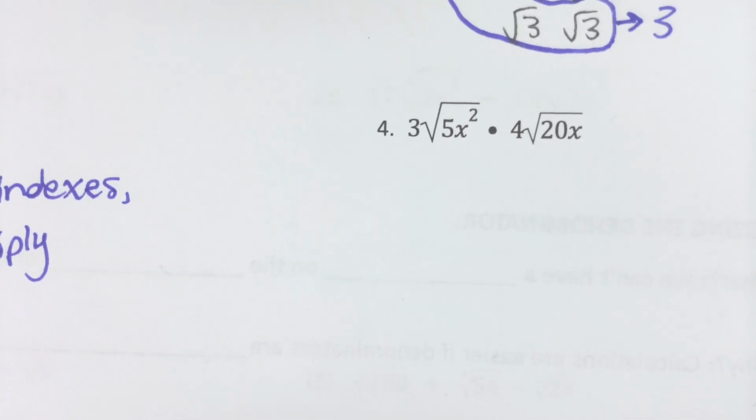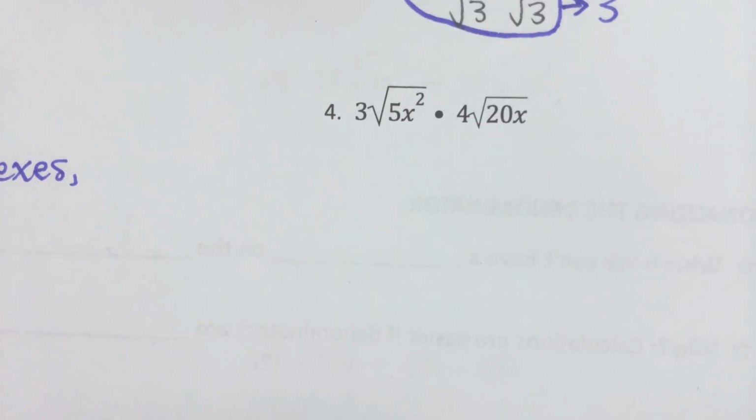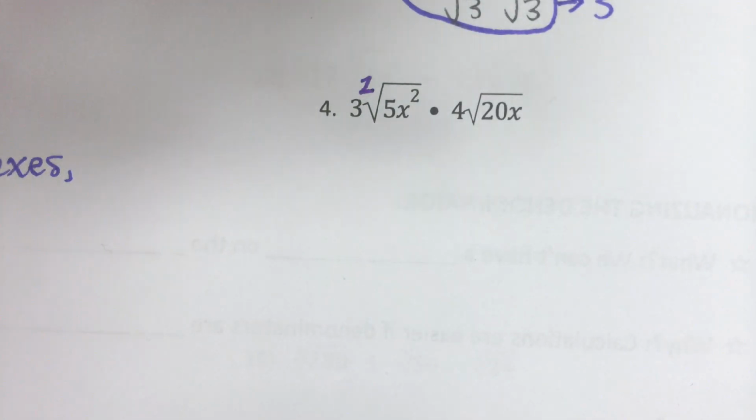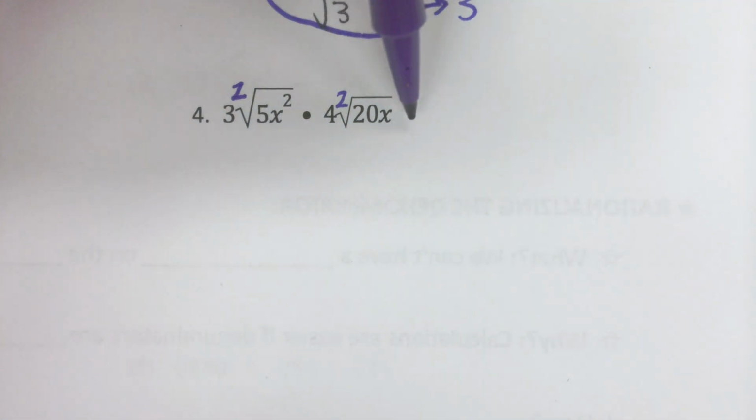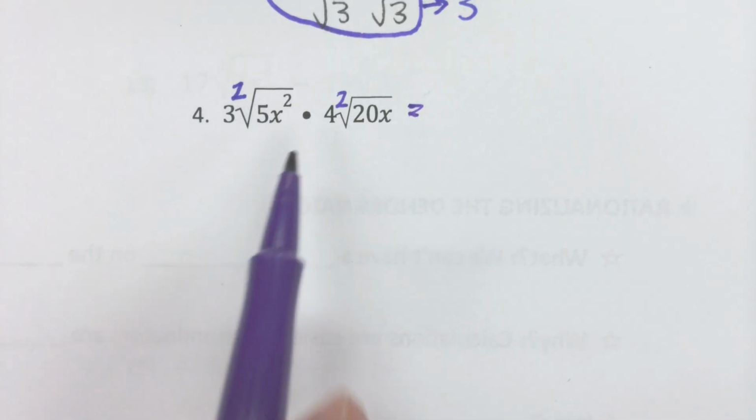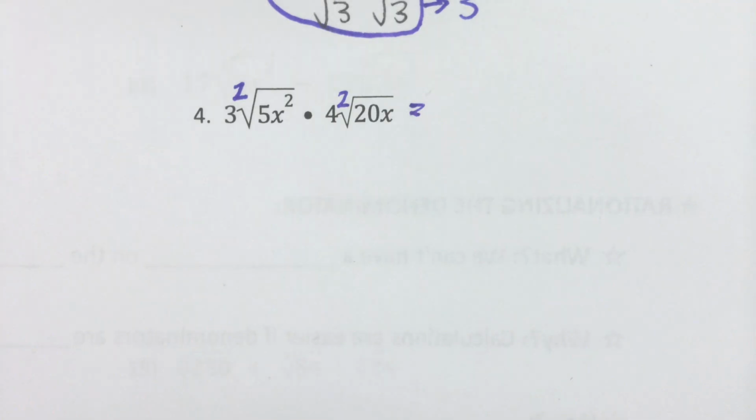Number 4. 3 times the square root of 5x squared times 4 square root of 20x. Same index, I can multiply. Let's multiply first and foremost. Now the two numbers on the outside will multiply like normal. 3 times 4, that's 12.